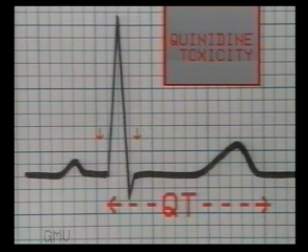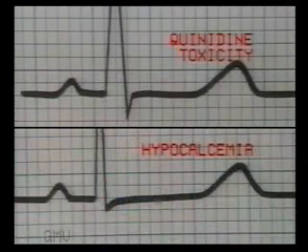This is in contrast with hypocalcemia, where QT segment is prolonged, but QRS and T waves are normal. Note again that in quinidine toxicity, the QRS is widened and ST segment is also prolonged, while in hypocalcemia, only the ST segment is prolonged, the QRS complex is normal.